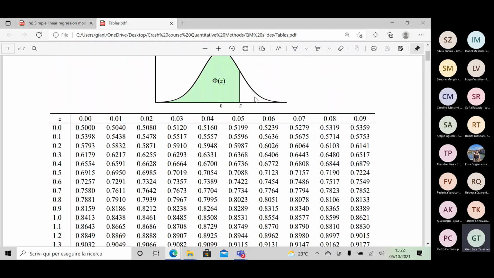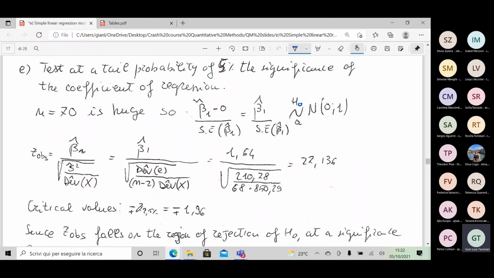So we have two critical values. This distribution is symmetric, so the two critical values are plus and minus 1.96. You see, I wrote the critical values here. So this is the observed value of the test. These are the critical values. Again, you have to compare the observed value of the test with the critical values of the test. The observed value of the test falls clearly outside the interval having as extremes minus 1.96 and plus 1.96.